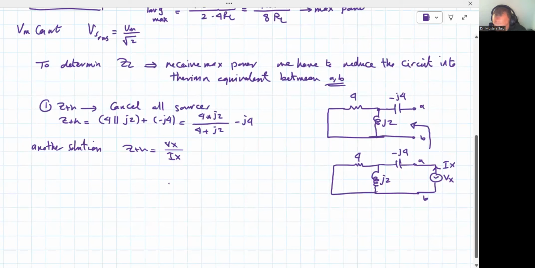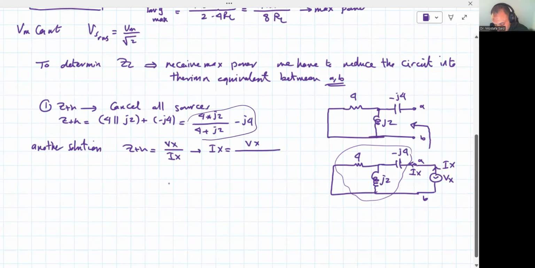So Ix is going that way here. Ix is actually equal to Vx over the combination of the whole impedance, which is basically what we just mentioned: 4 multiplied by j2 over 4 plus j2 minus j4.